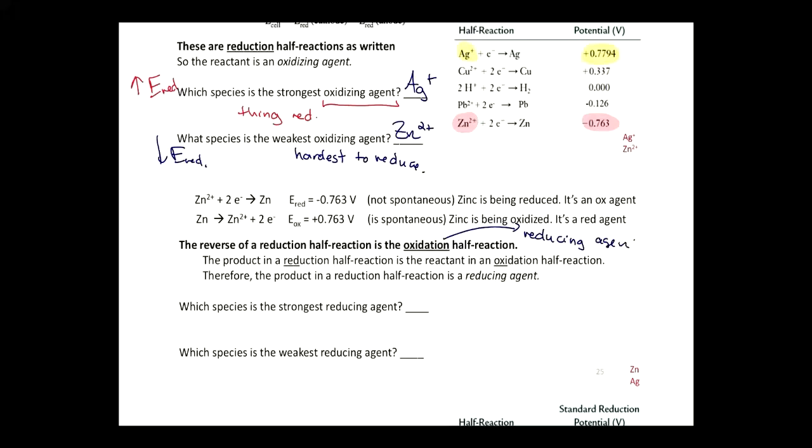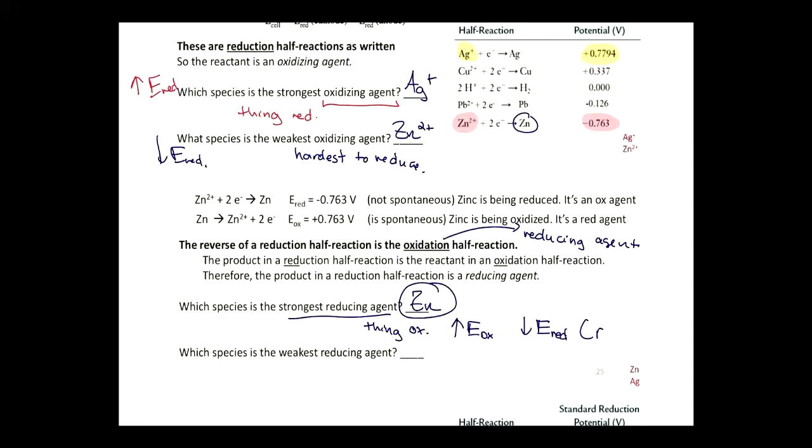So what we want to see here is that the strongest reducing agent is the thing that is oxidized. So you are looking for the largest oxidation half reaction value. But the thing is that this table doesn't give us oxidation reactions. So you're really looking for the most negative reduction value. So in this case, zinc is our strongest reducing agent.